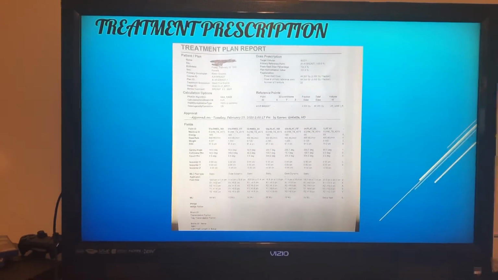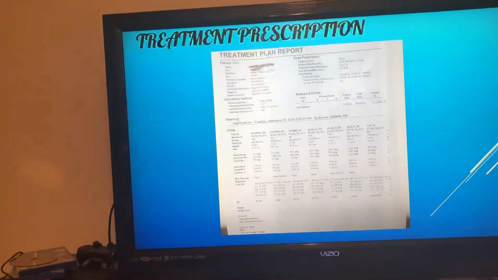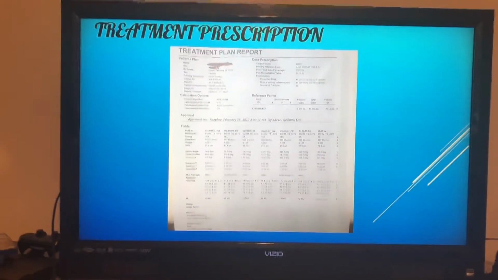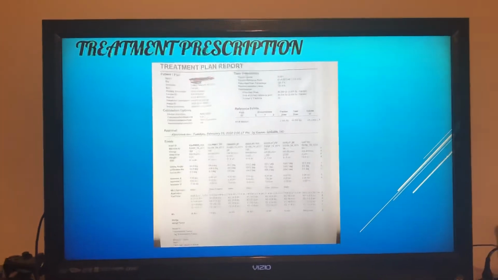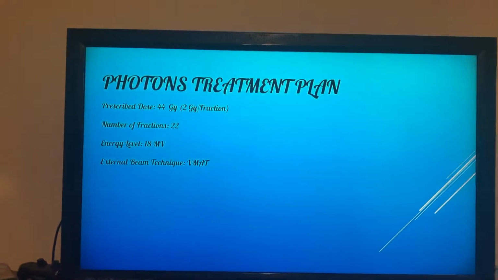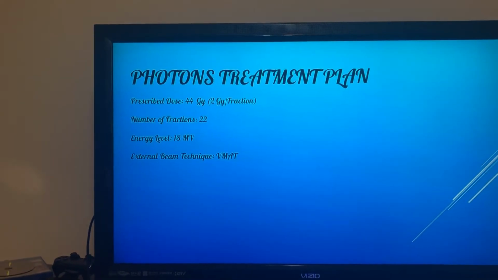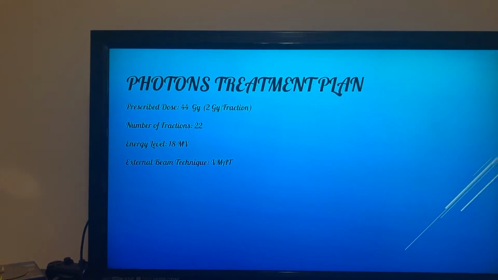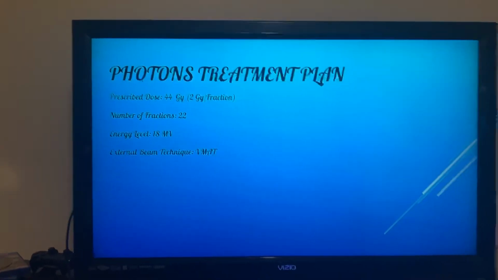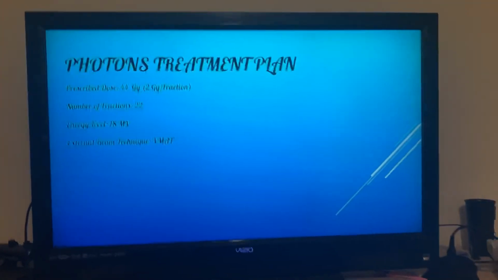Here's my treatment prescription. I also wrote it out on the next slide. The prescribed dose was 44 gray, 2 gray per fraction, number of fractions 22, energy 18 MV.